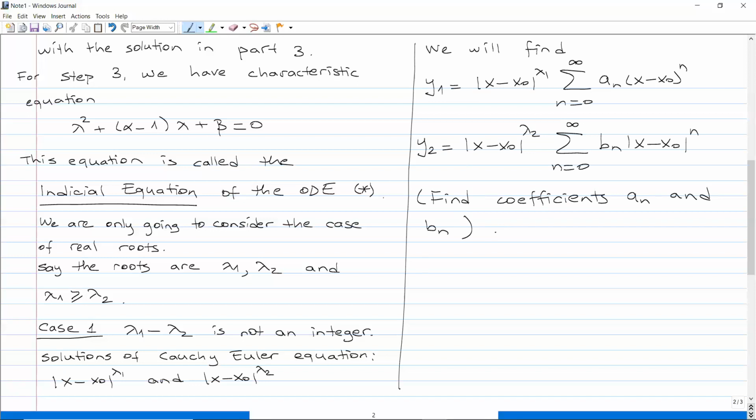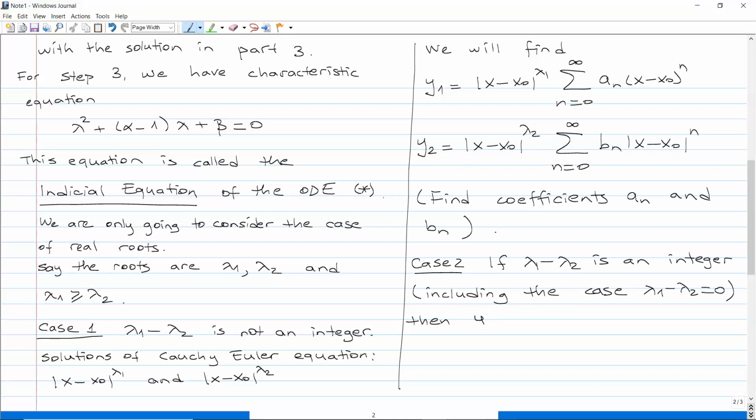Now, the second case, if lambda 1 minus lambda 2 is an integer, including the case when the difference is 0, a double root, then y1 can still be found, but y2 may not exist.